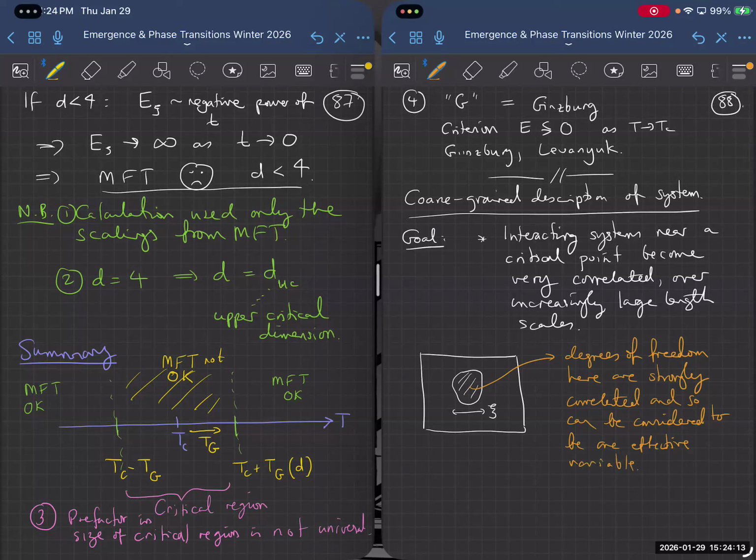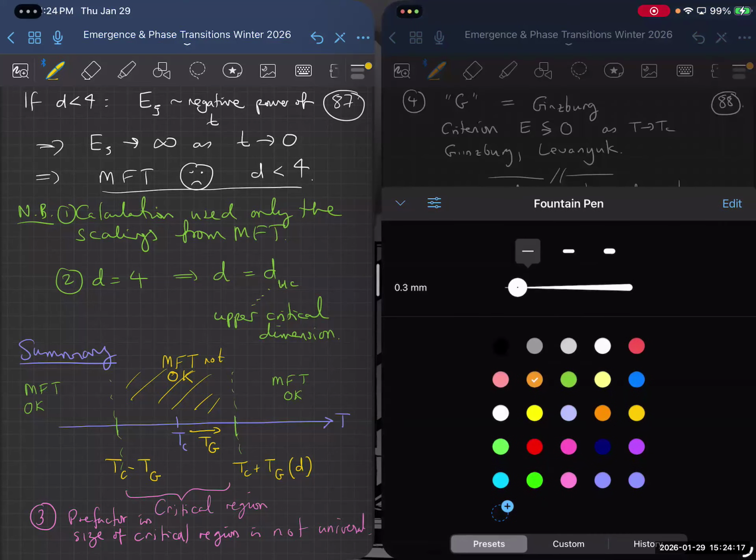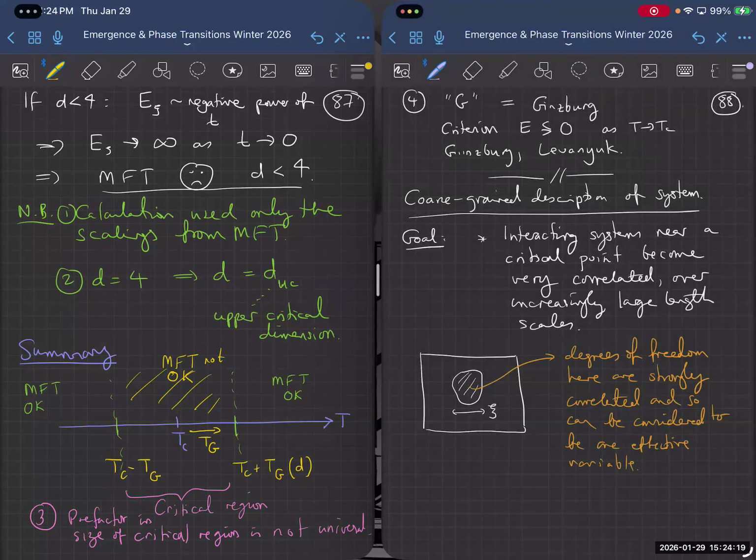So that is a cartoon picture that we should have in our minds, and this was developed by Leo Kadanoff, and that's a thing that we'll talk about shortly called the Kadanoff block spin construction.